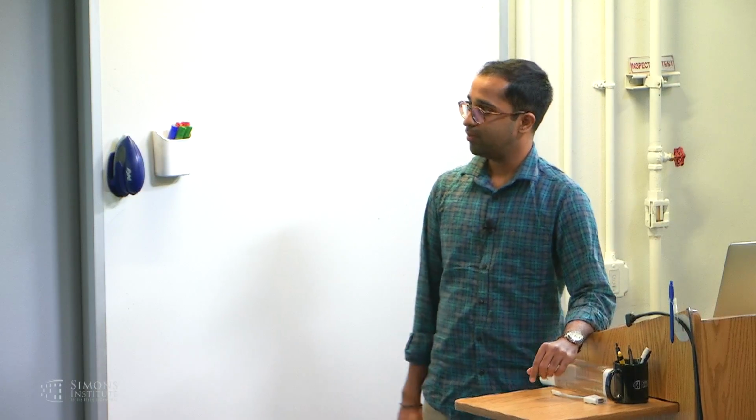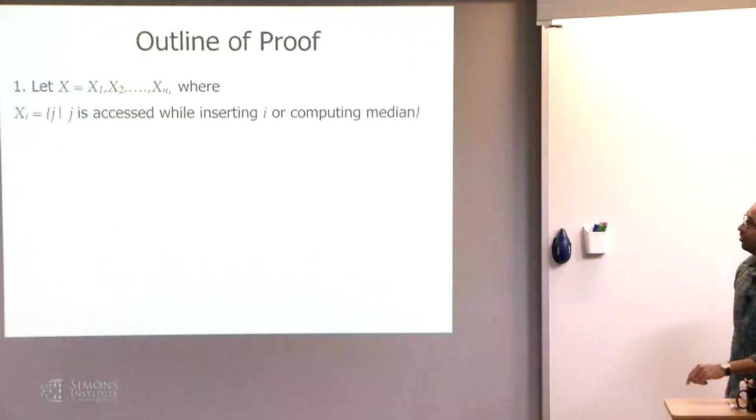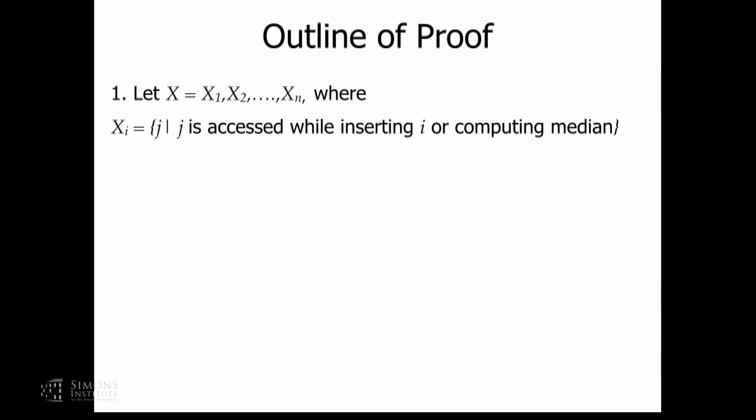Okay, perfect. So the outline of the proof is as follows. First, we'll come up with a sequence of n sets, where n is the universe that we are working with, and the i-th set is nothing but the set of all cells that are accessed while inserting the number i, or that are used while computing the median.